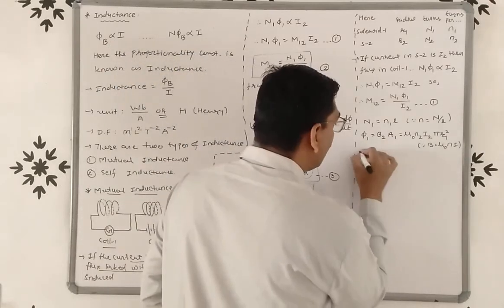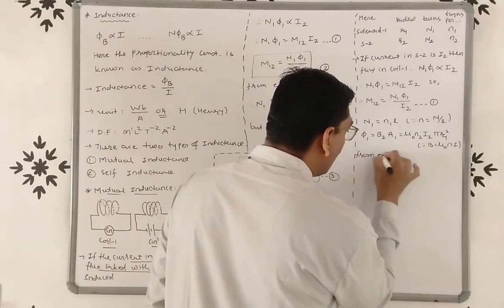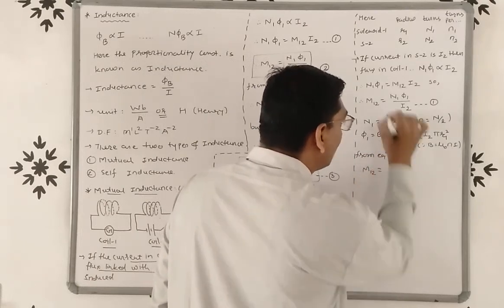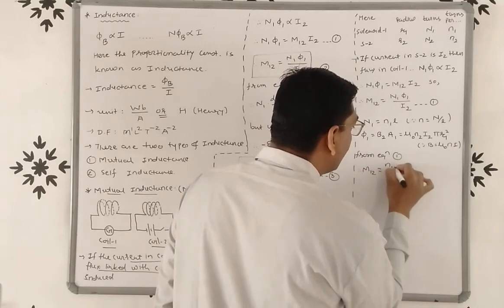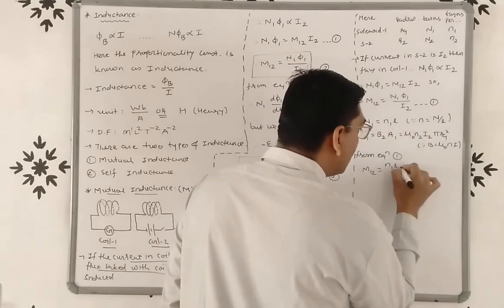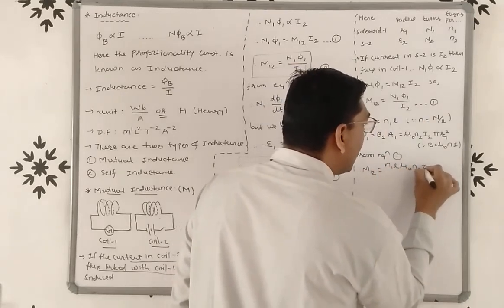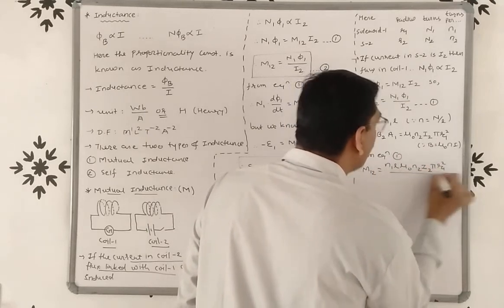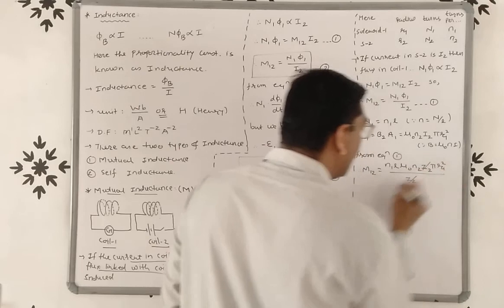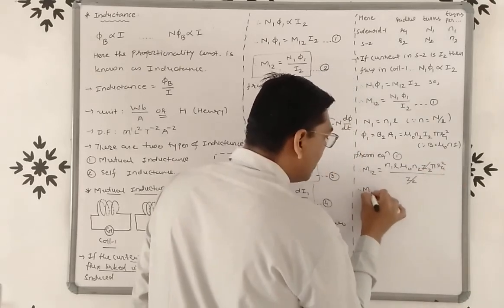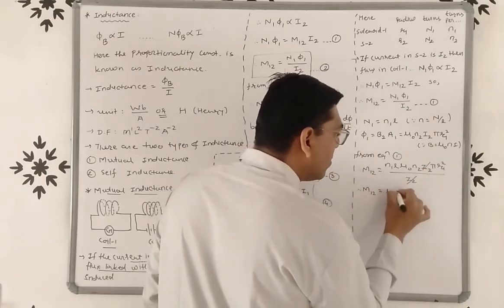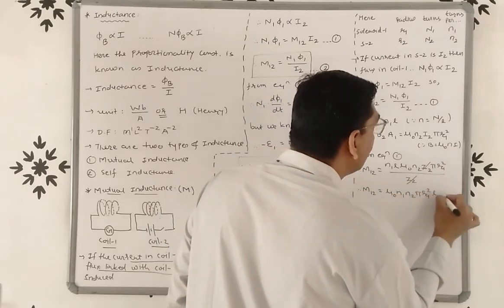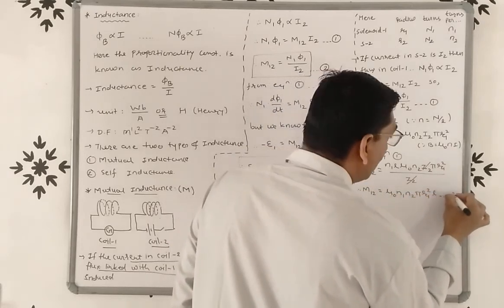Now from equation 1, M12 is equal to n1 into L into mu 0 n2 I2 pi R1 square upon I2. Here I2 cancels, so M12 is equal to mu 0 n1 n2 pi R1 square L. That is equation number 2.